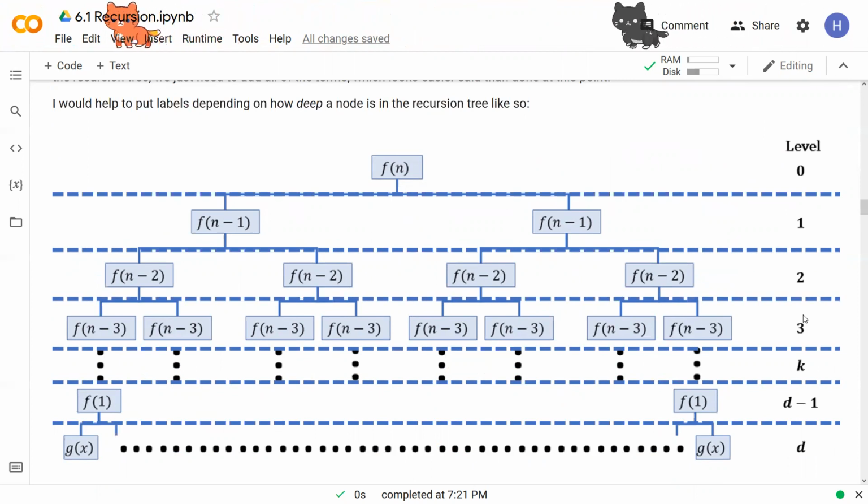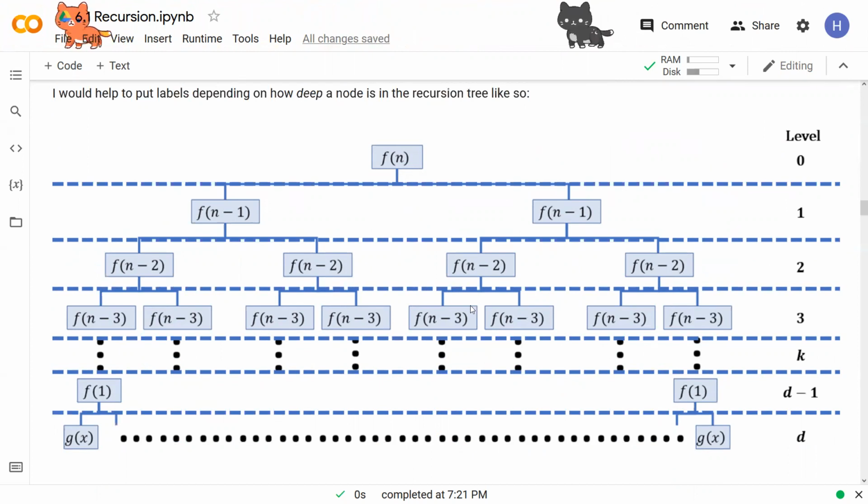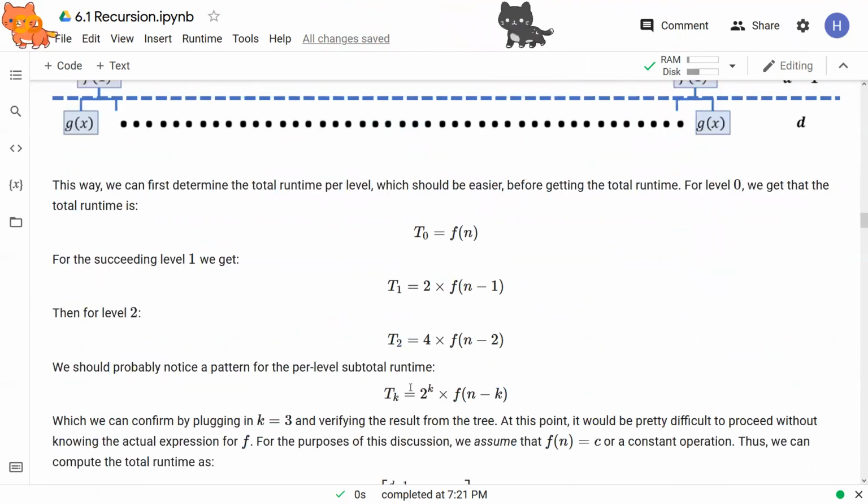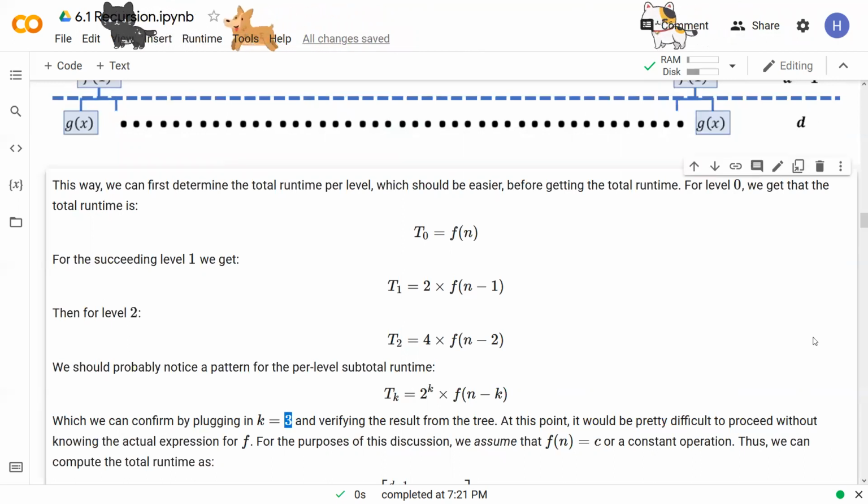So lahat sila ay power of 2. So yung ating general expression per level can be T of k is equal to 2 to the k times f of n minus k. So, ayun, we can confirm this. Pag pinlug in natin si 3, that is 8. Can write it down.